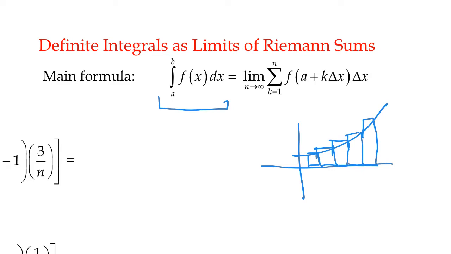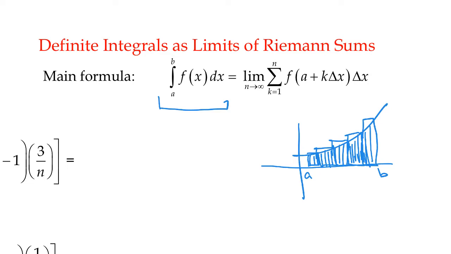Essentially what this formula on the right does is take that Riemann sum and let n, the number of rectangles, go to infinity. We shrink all those rectangles down until we get an infinite number of rectangles, from a to b, and that gives us the exact area if we do that limit.